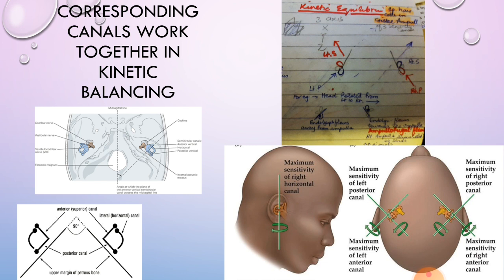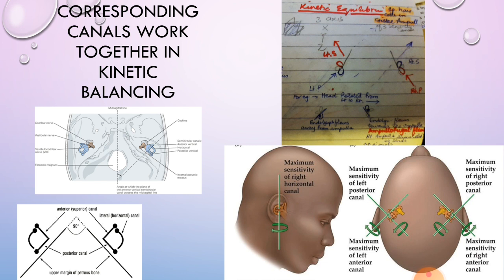For example, when the head is rotated in one direction, say from left to right, then in the left canal, the endolymph moves away from the ampulla, and in the right canal, the endolymph moves towards the ampulla. This movement of the endolymph towards the ampulla is ampullopetal.